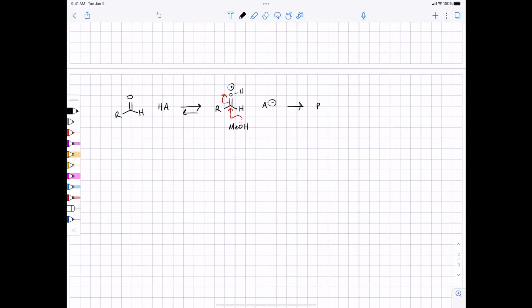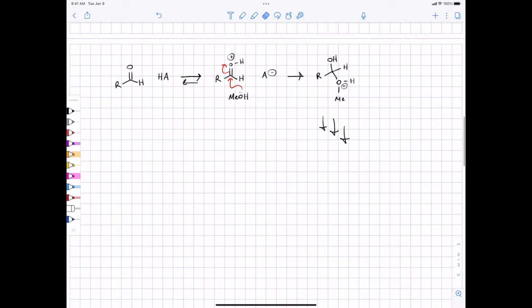And then you get this intermediate, and this is the hemiacetal. And then, of course, this continues on. Let's keep drawing some of it. At this stage, A minus removes this proton.